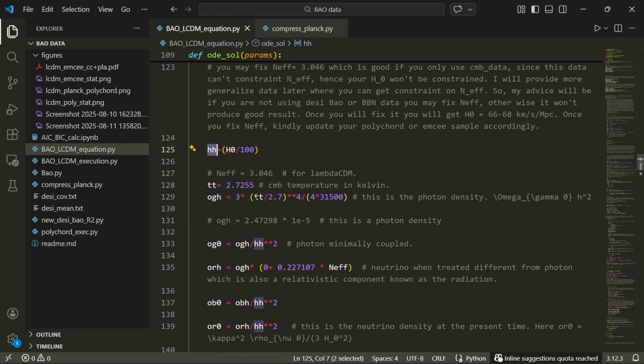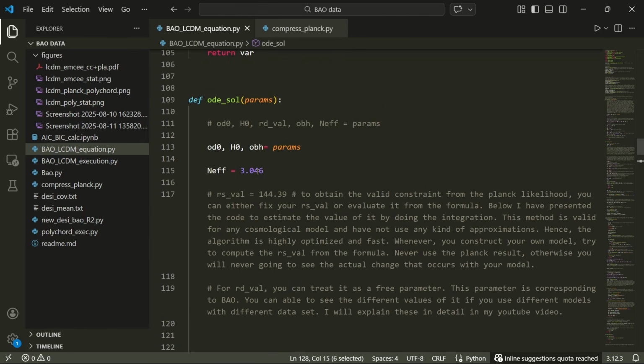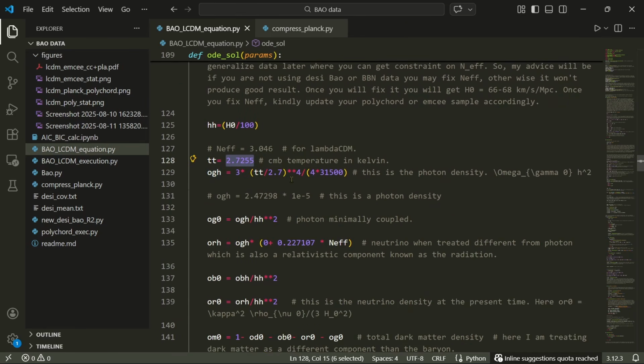Omega gamma h square, and it is coming out to be 2.47, something like this. And we have already computed this T from the CMB analysis. We are using it, so we are fixing this. We are also fixing omega gamma h square, right? So neutrino and omega gamma are now fixed.